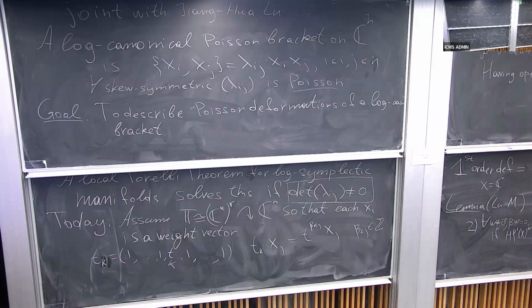Yes, a polynomial. A first order deformation would be epsilon times some polynomial, and the requirement is that the bracket satisfies Jacobi up to epsilon squared terms. So it will not be a true Poisson bracket yet. Here it is just first order deformations, and a true Poisson bracket would mean that it satisfies the Jacobi identity on the nose.